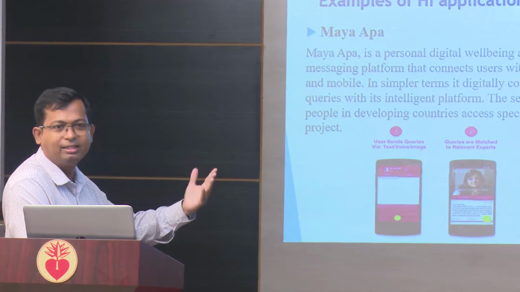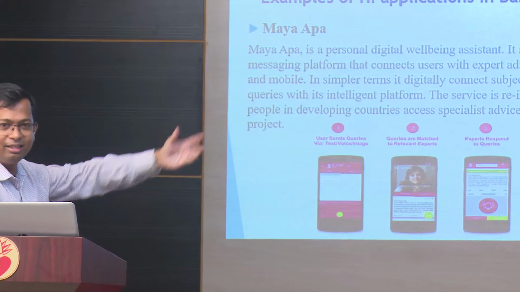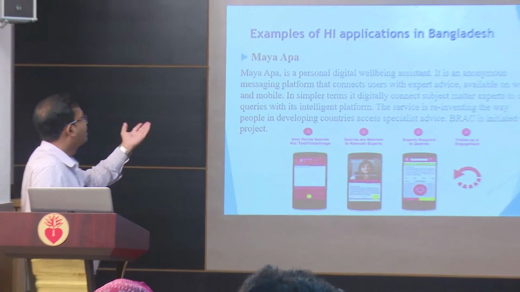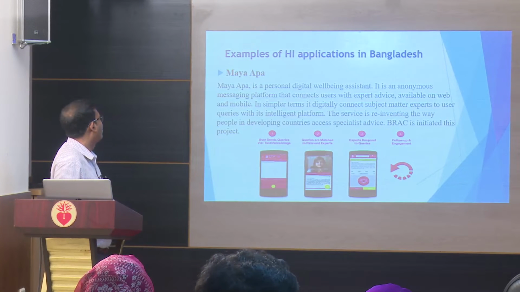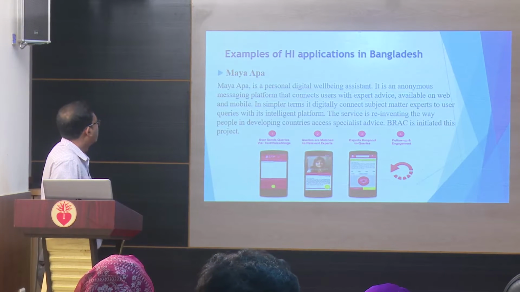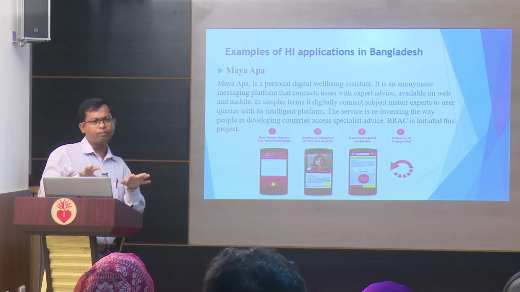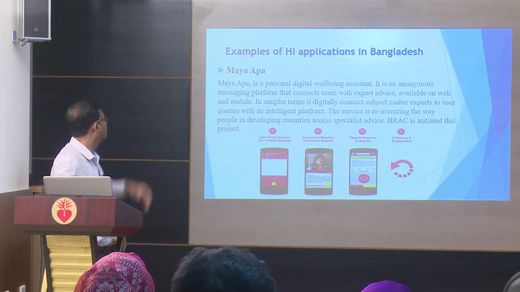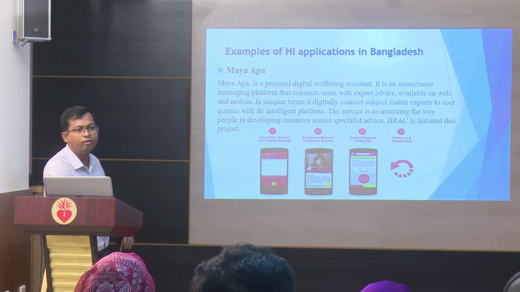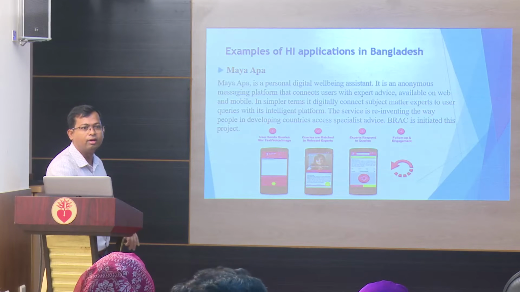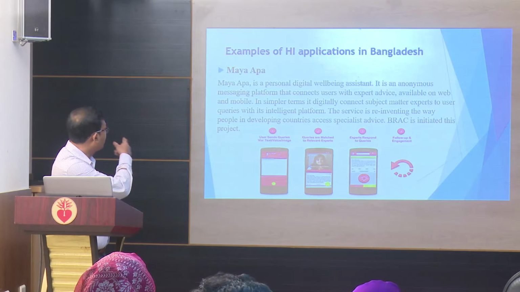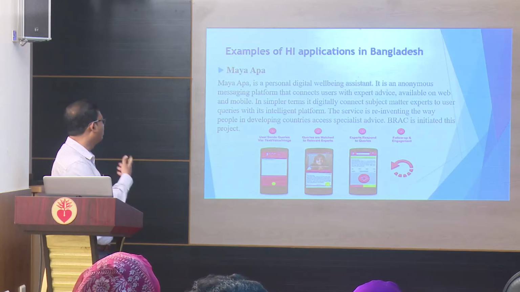You can send a message like chatting, and you will get a reply. It connects users with expert advice, available on web and mobile both. You can try today from your home browser, or search MyAppa in the Google App Store, download it, and test.